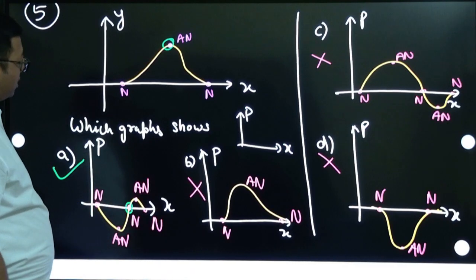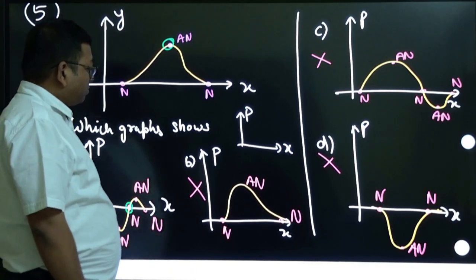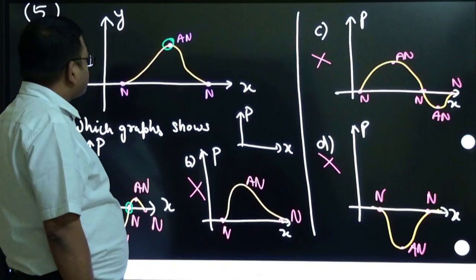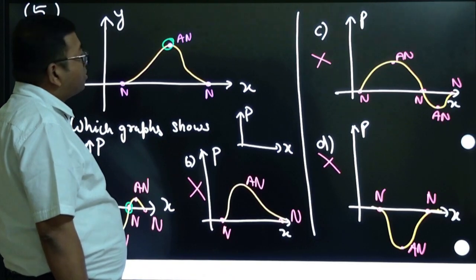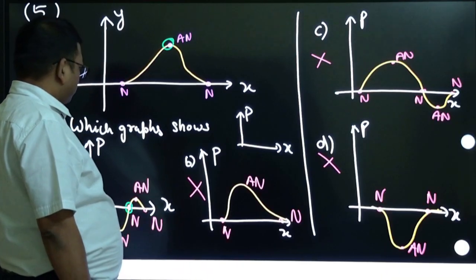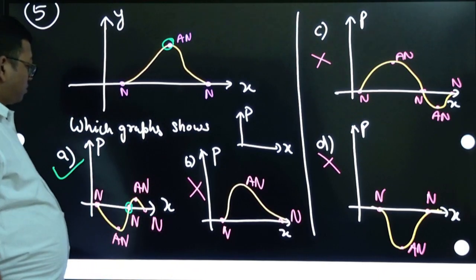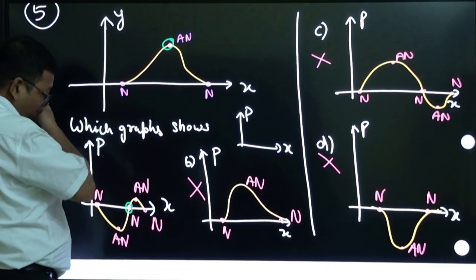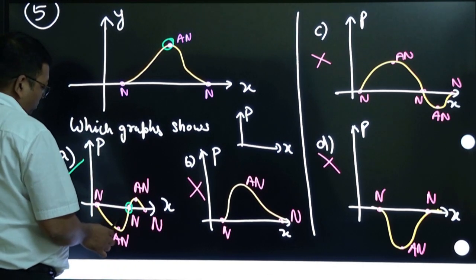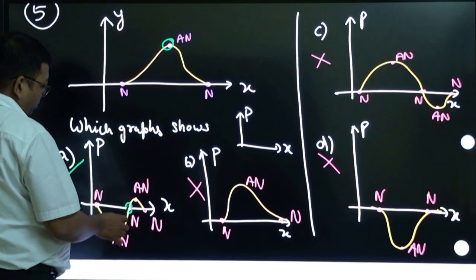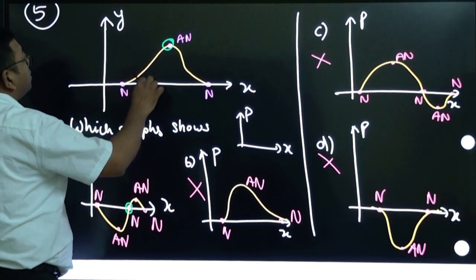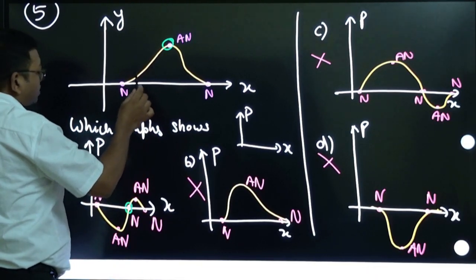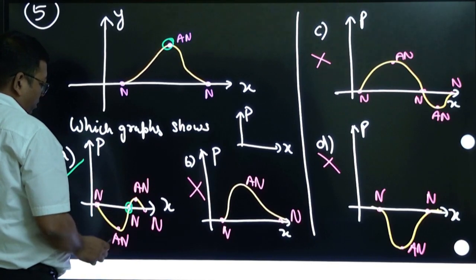But what about these other two nodes? Suppose this you consider as an antinode, this side antinode, this side antinode. So here this is going this way. So an antinode means it must be in between.